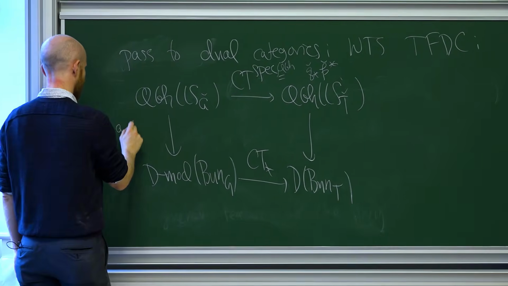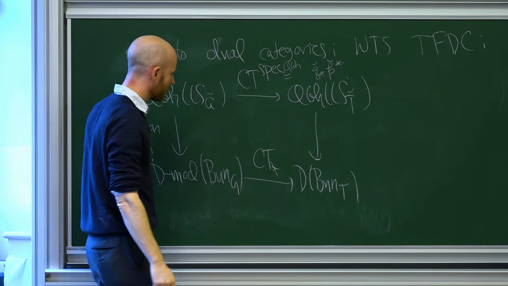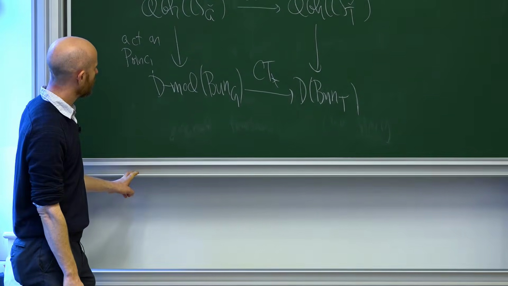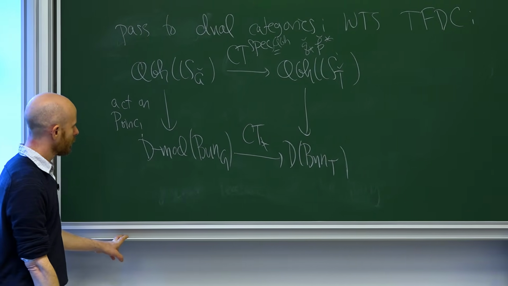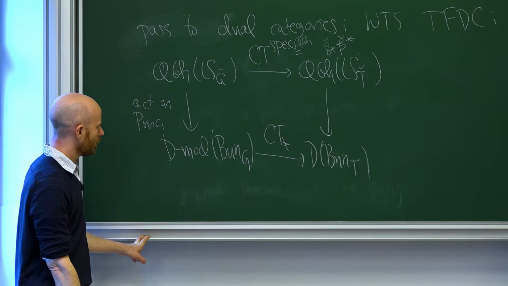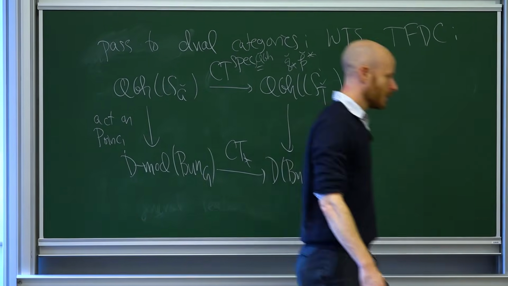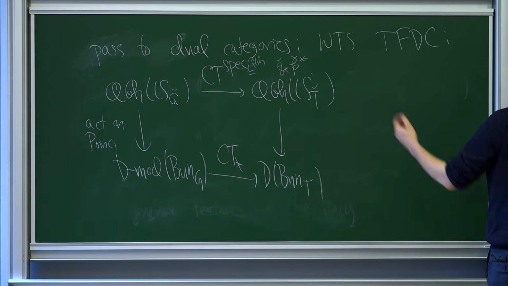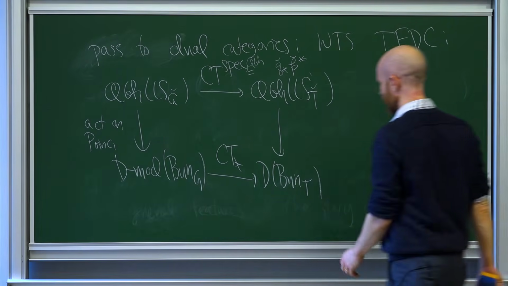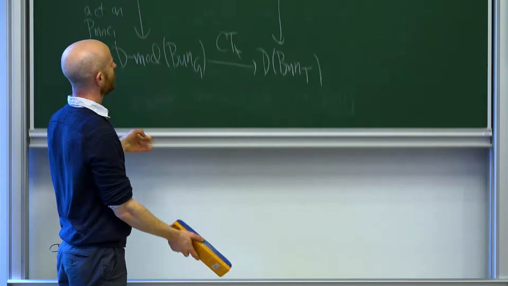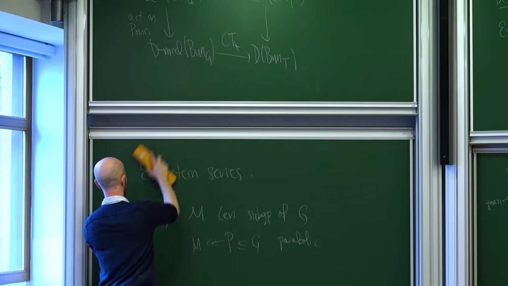So this is acting on this Poincaré object. I feel like I'm skipping some steps, but I just want to say that this is clearly the same level of difficulty as the statement over there.